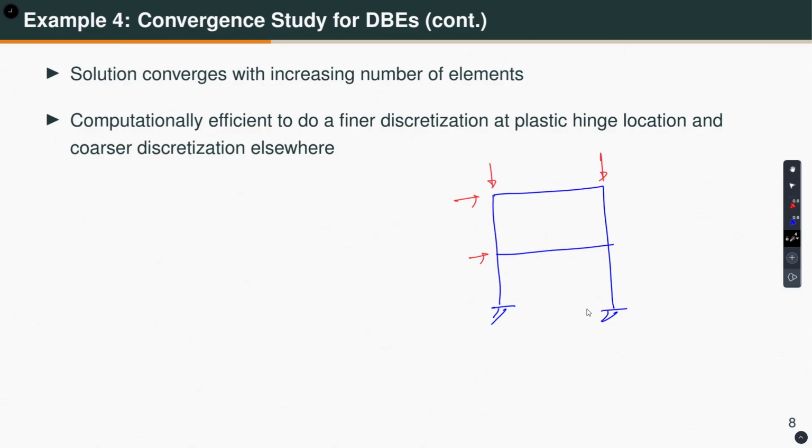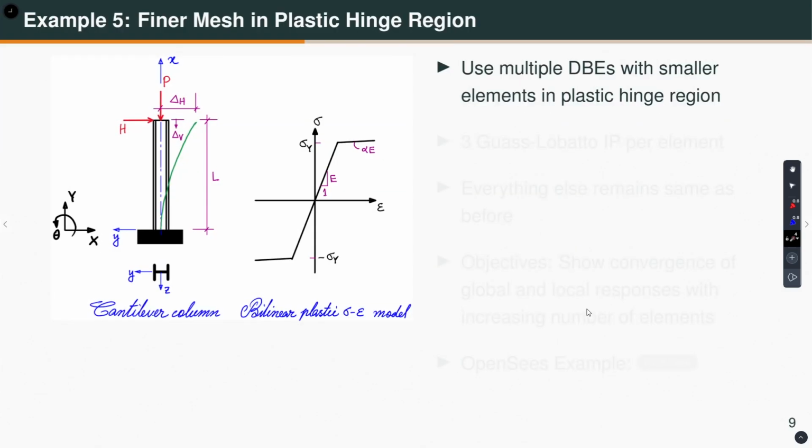So that is the idea for the next. This is example 5, again shared with you, okay. So use multiple elements, but with smaller elements in the plastic hinge region. So let's say I am saying that from here to here, this is my plastic hinge. So what I will do, I will use half the elements.